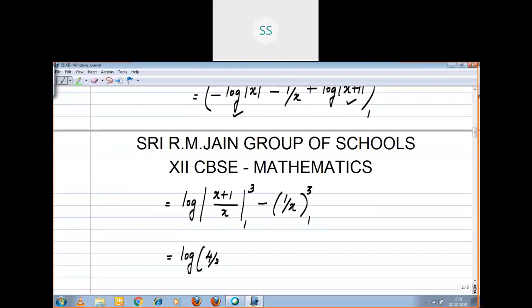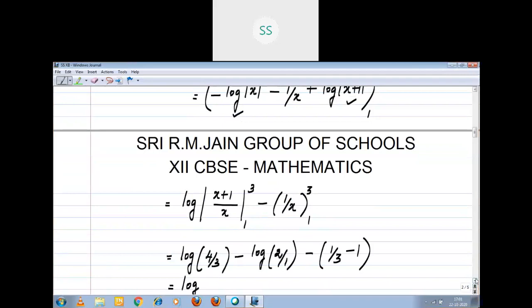See here, log of 4 by 3 minus log of 2 by 1 minus, 1 by 3 minus 1. Now log a minus log b, again the same concept, log a by b.